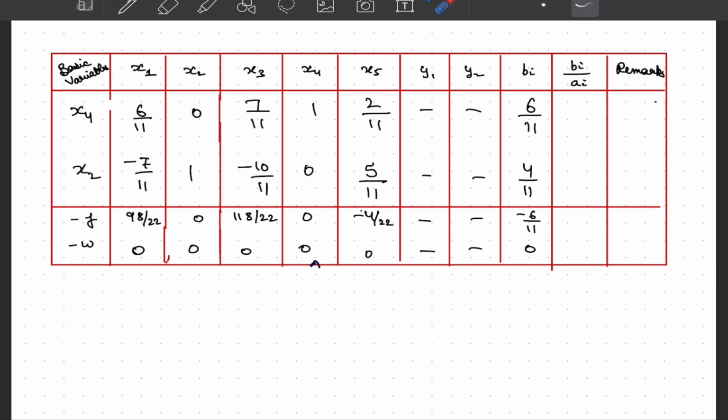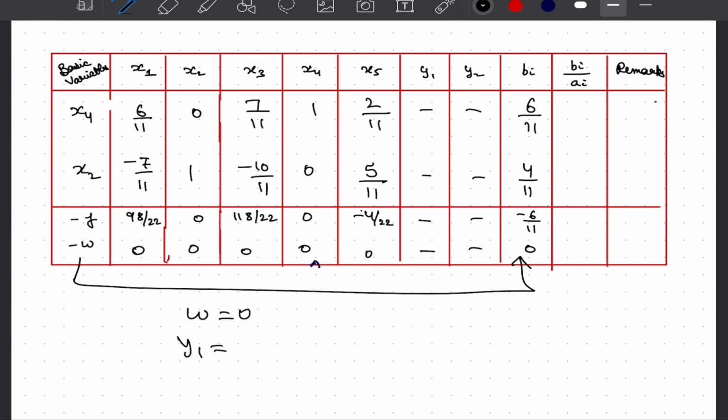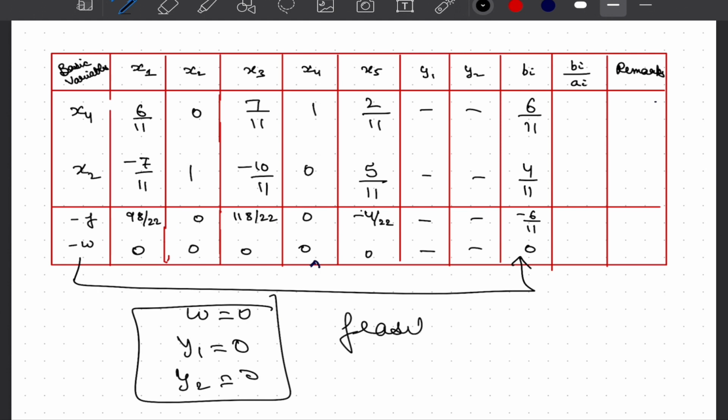And now you clearly see that the value of the solution of W would correspond to this. W is equal to 0, y1 is 0, y2 is 0. That means our magic has worked and the solution is feasible.